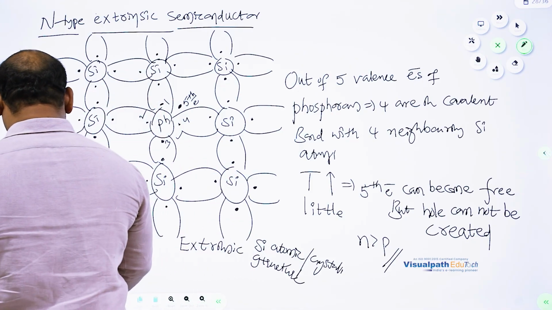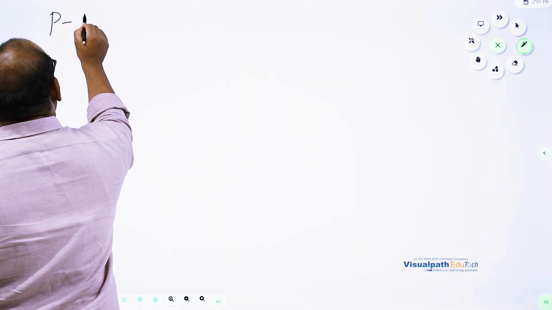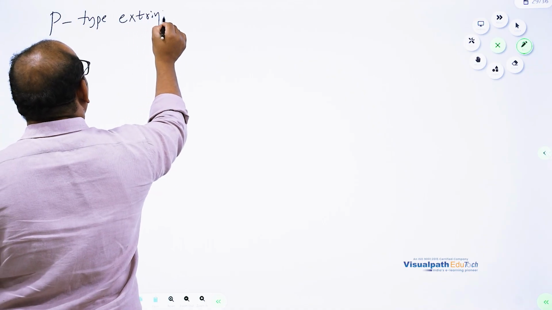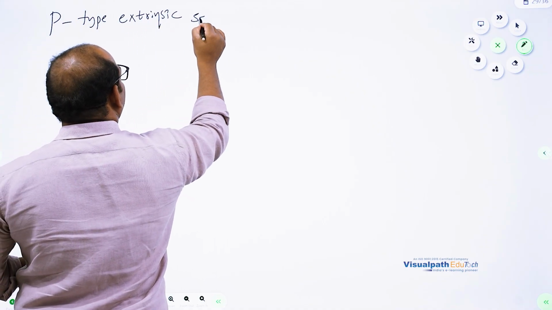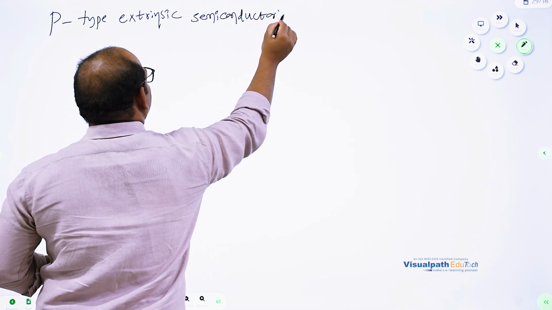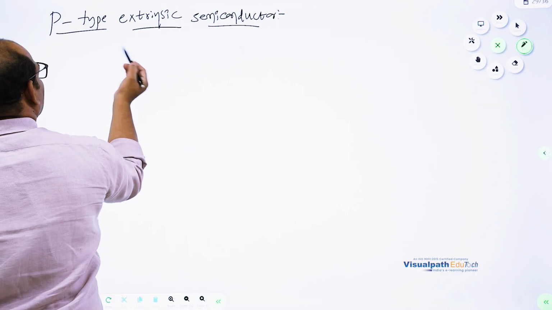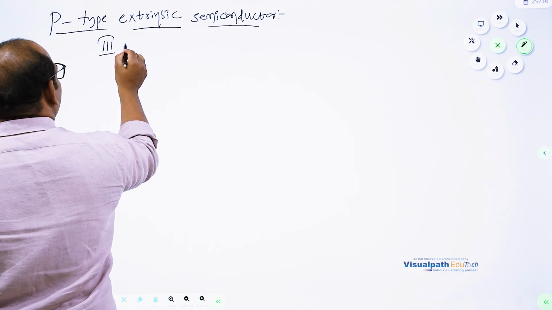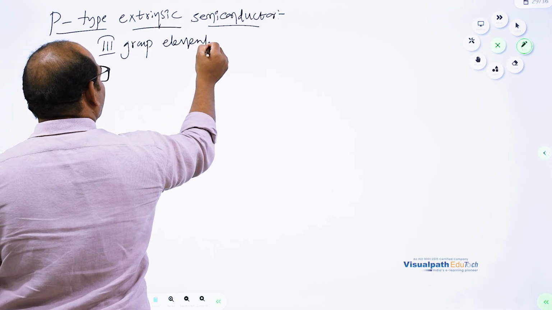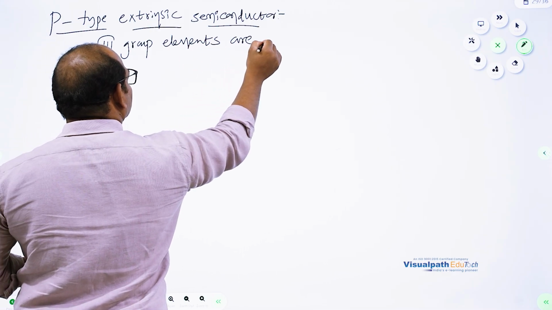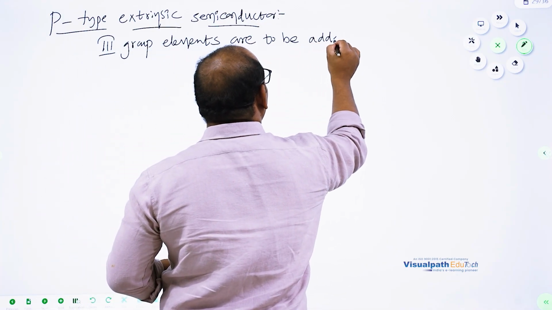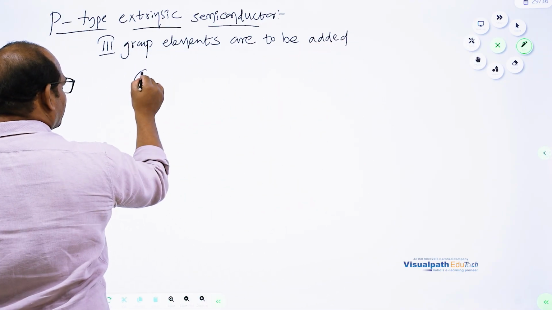Okay, so for the p-type extrinsic semiconductor, as I said, third group elements are to be added to the intrinsic semiconductor. So I am taking the same structure.